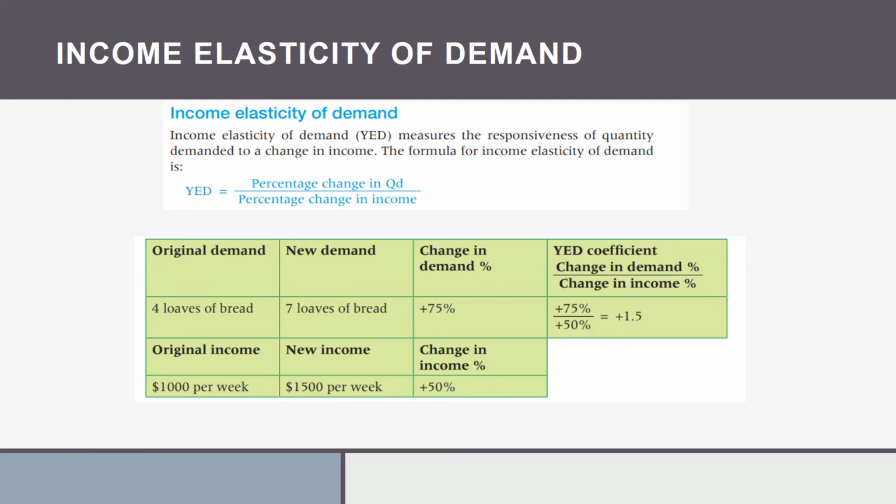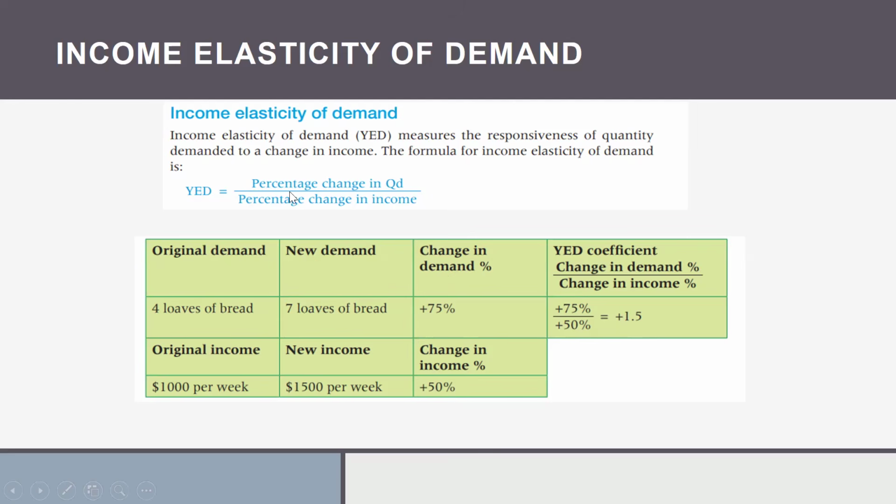Then you can calculate the income elasticity. Percentage change in demand, which is 75%, divided by the percentage change in income, which is 50%. And that gives you 1.5. So you all have to practice that.